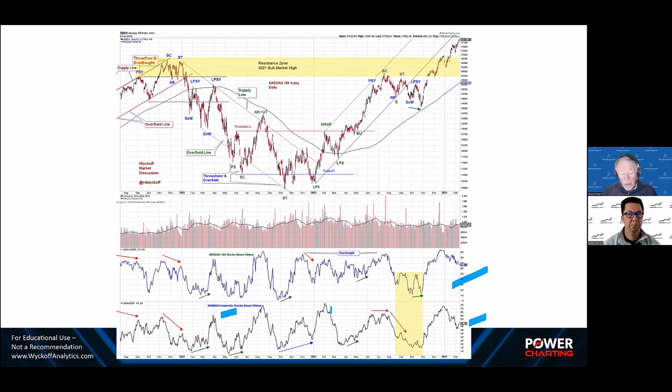My inclination is to look for three things in these indicators. I look for, in this case, oversold, divergence, and then uptrend. And if I get those three conditions, you don't always get divergence, but here's a good one here. See, higher lows in the stocks above their 50, lower lows in the index itself.